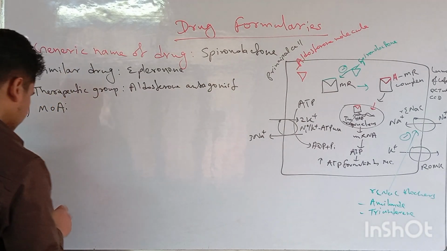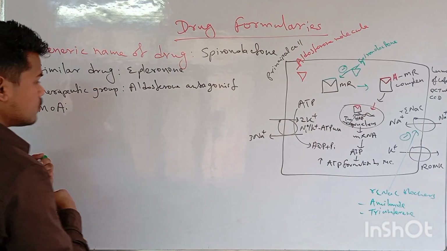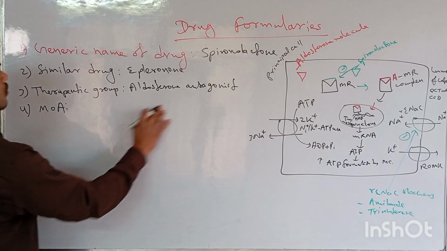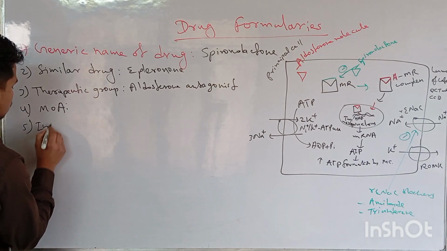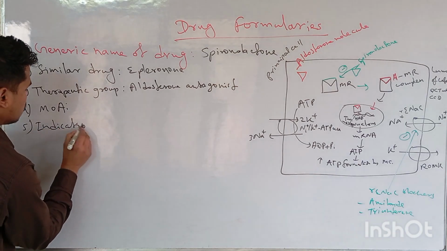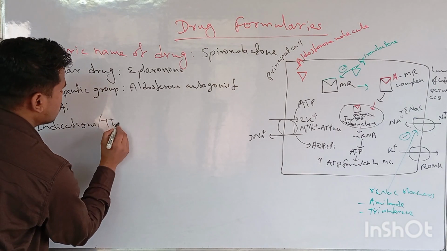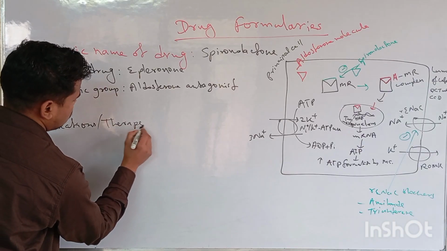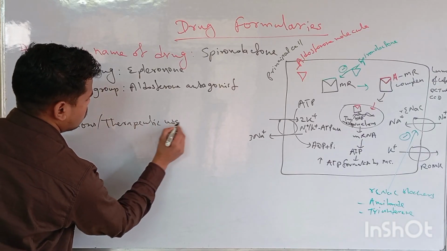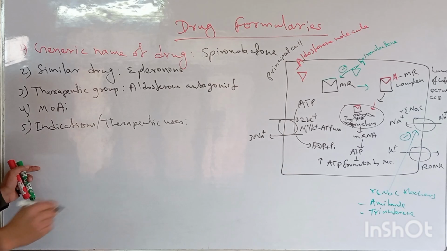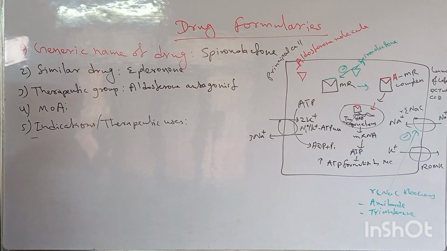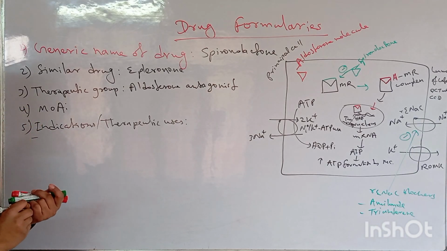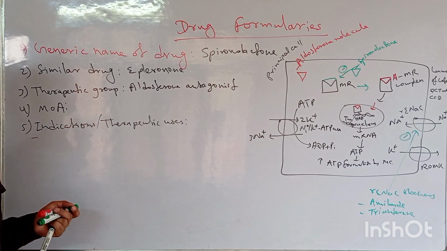So now I will write the indications. Indications are therapeutic usage. For this, while writing a formulary, maximum you write 4 or 5 indications only.